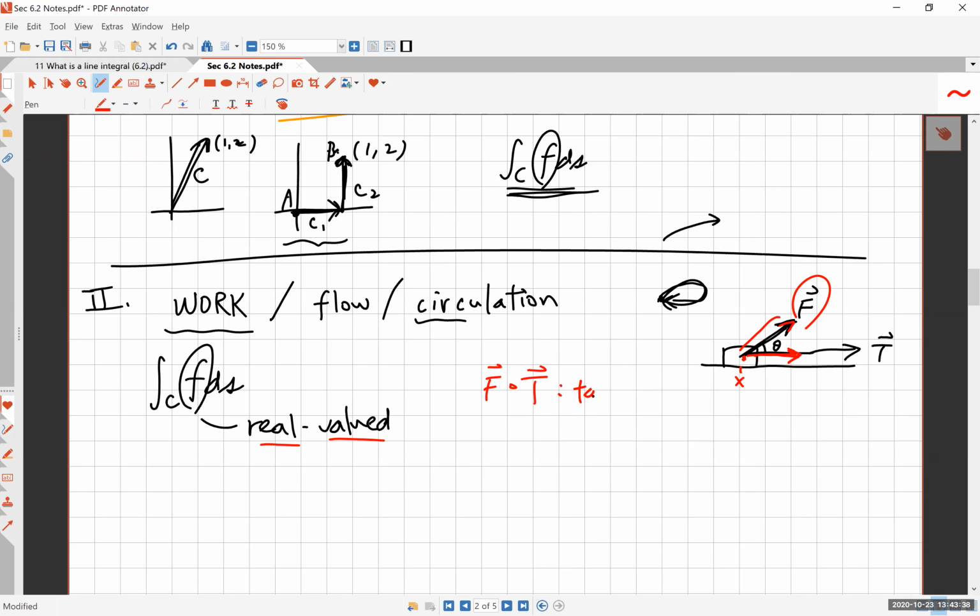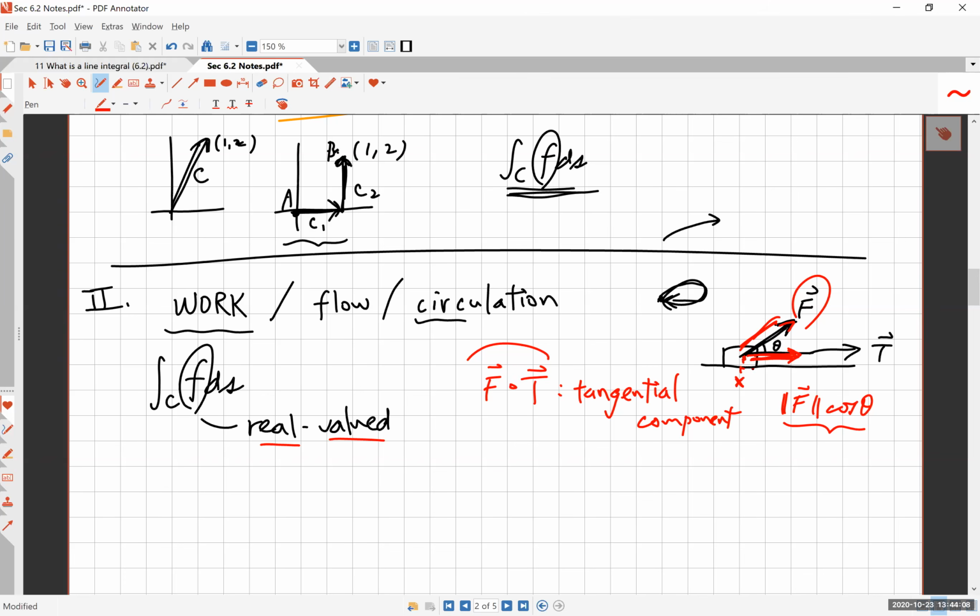Let me go ahead and write that. F dot T gives you the tangential component. It has to do with the fact that this length is the magnitude of F times the cosine of theta, just because capital T is a unit vector. So this is the tangential component of the force F that's moving this box in the direction of T at this point x.